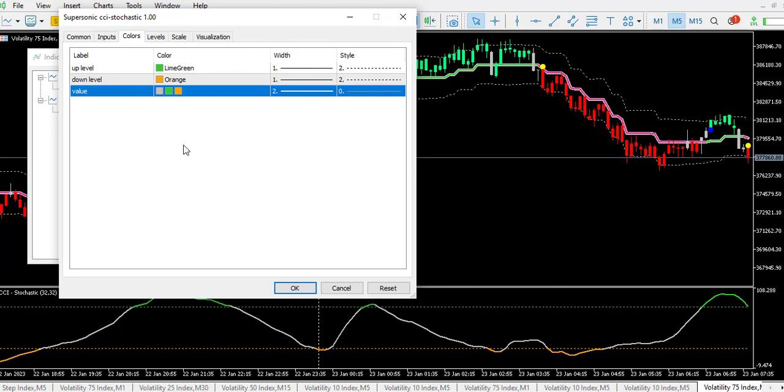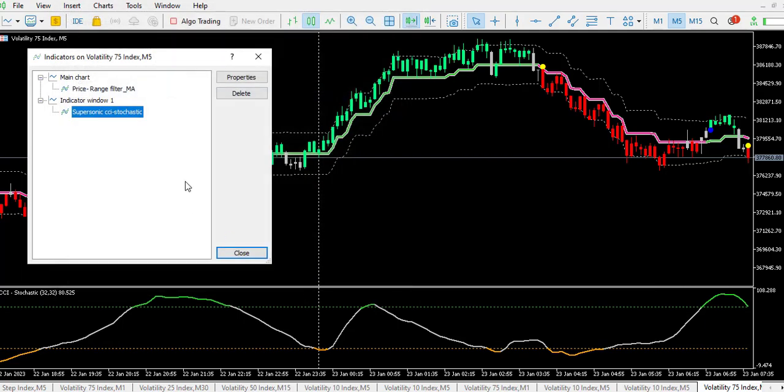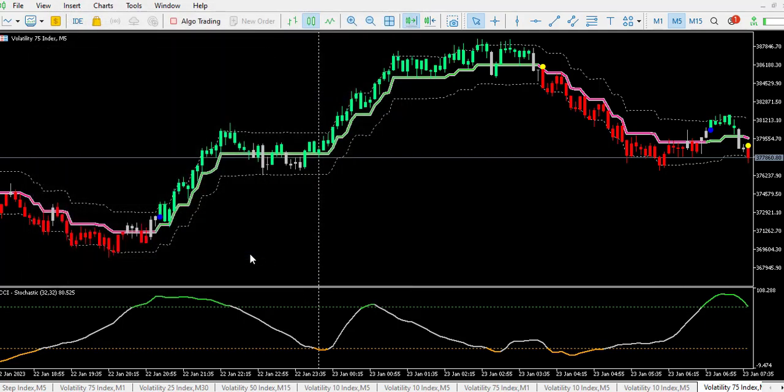So this is how you will set up each of these indicators, and you just click OK if everything is all right. These are the two indicators that I use for this particular strategy. It is accurate, and you can use this on Volatility Index and MT5 also.